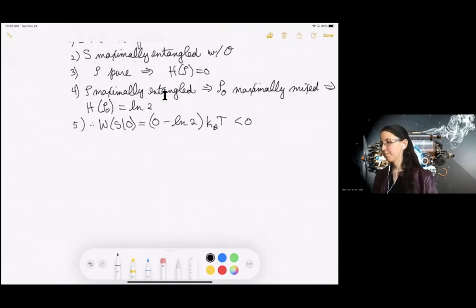After this process, O is in a maximally mixed state. We've erased S, so they have no information about each other.